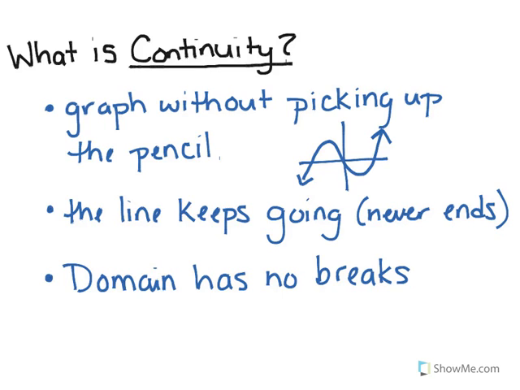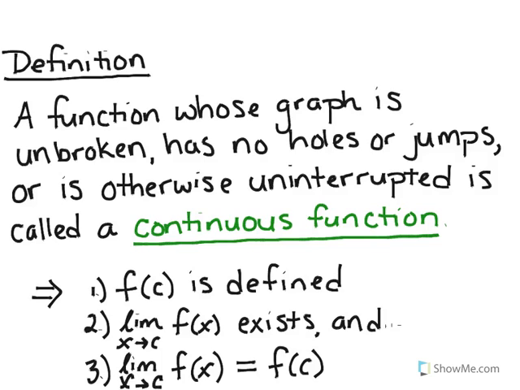Let's take a look at the formal definition of continuity. The definition states that a function whose graph is unbroken, meaning it has no holes or jumps, or is otherwise uninterrupted, is called a continuous function. There are three conditions that have to be met in order for a function to be continuous. The first one is that f of c is defined for every c value, or every x value.